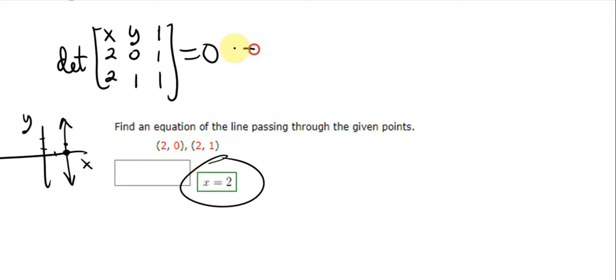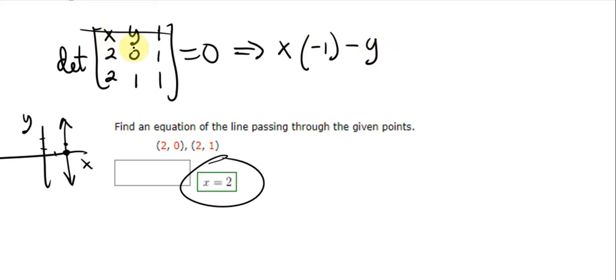Nevertheless, I'm going to expand along the first row. Now, why am I doing that? Is to basically hold the x and the y so that I can get the equation. So this is x times, deleted row and column. So I have left 0 minus 1, negative 1. And then this is minus y.